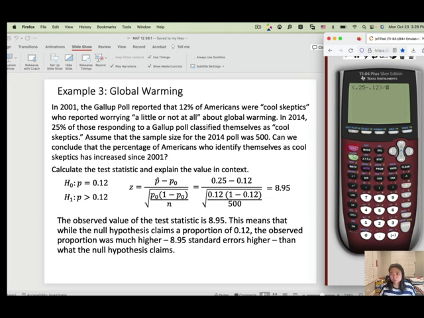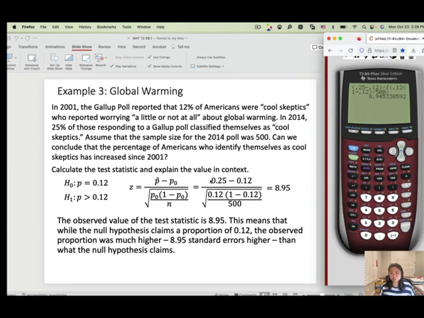I'm going to use the second function, get the square root, and 0.12 times 1 minus 0.12, and then divided by 500. Make sure you have the p-hat. And so it's going to be 8.95 here.